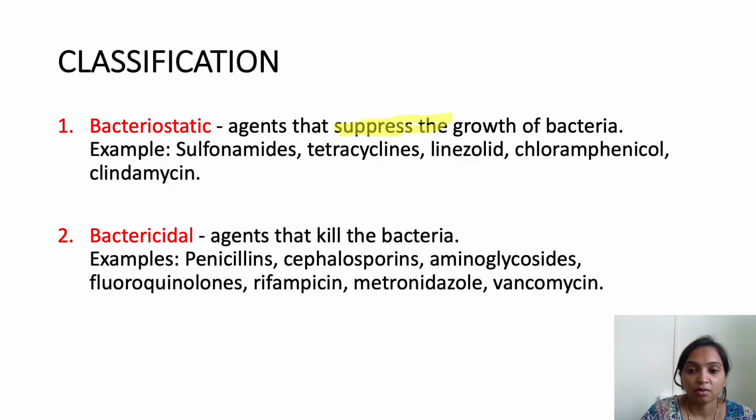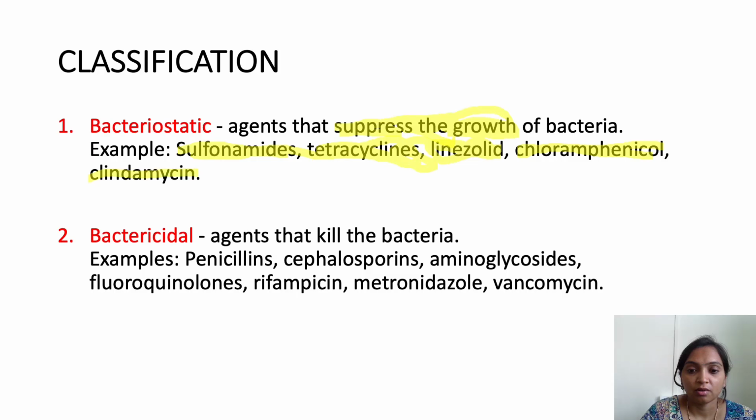Bacterial multiplication is prevented by this bacteriostatic group of drugs, and examples are sulfonamides, tetracyclines, linezolid. Mainly those which inhibit protein synthesis are termed bacteriostatic. Chloramphenicol, clindamycin, all these will inhibit the bacterial growth.